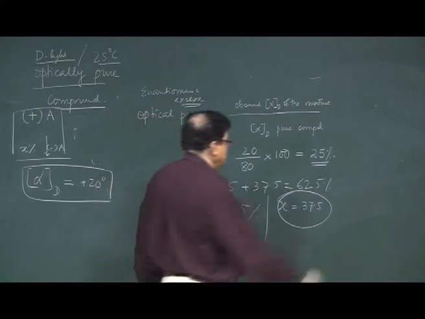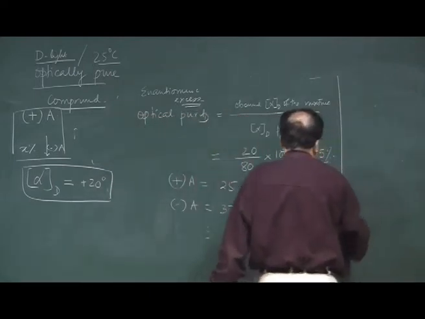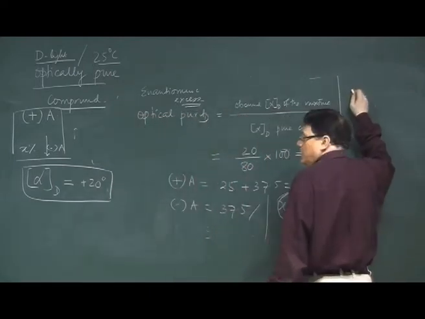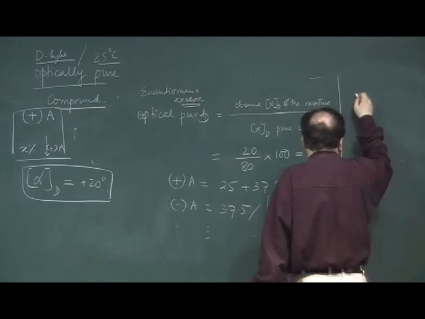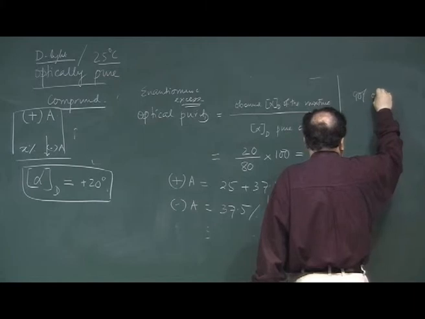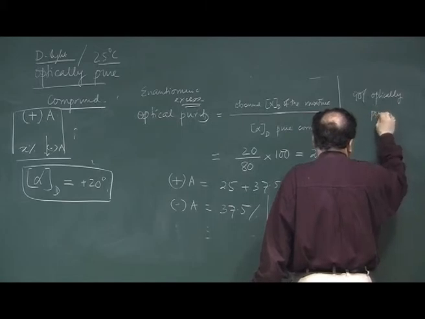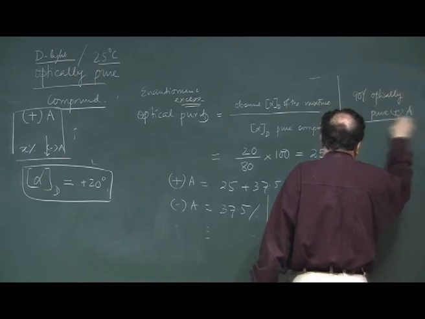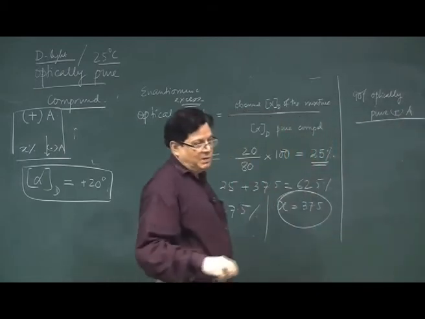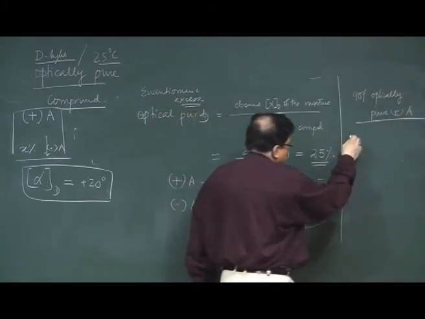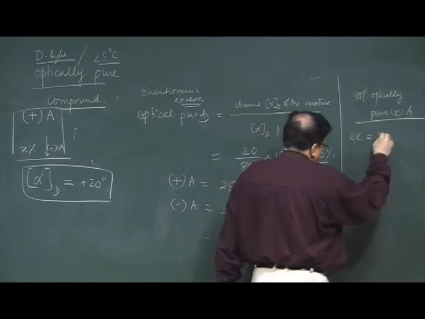Just the other way around, suppose I say that a mixture has 90% optically pure plus A. That means the optical purity of the mixture is 90%, or the enantiomeric excess, which is written as E, is 90%.